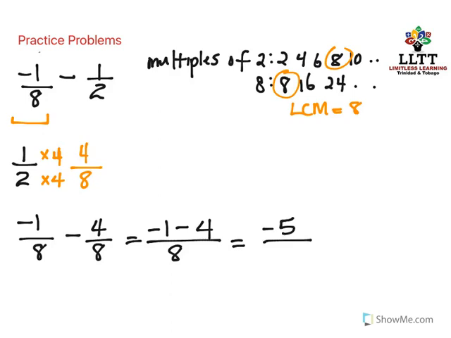Again, this is using negative numbers. You can refresh your memory in a previous course, or again, you'll see with the set of practice problems that are at the end of this video, as in the written practice problems and solutions. So this is -5/8. Okay.